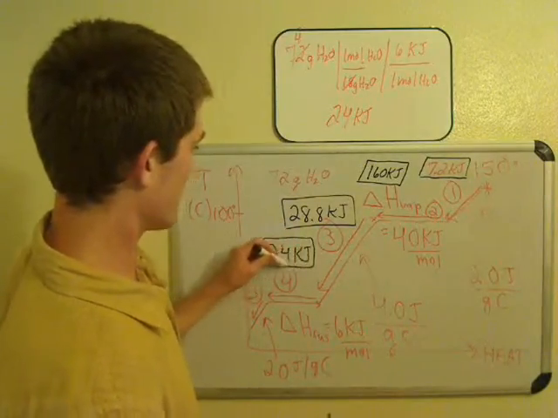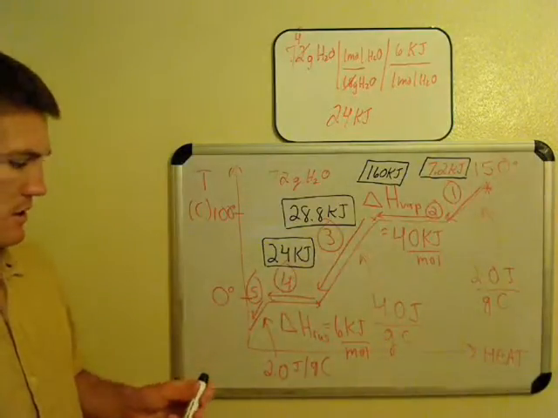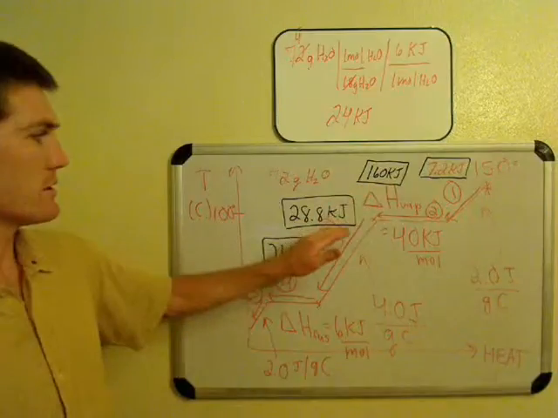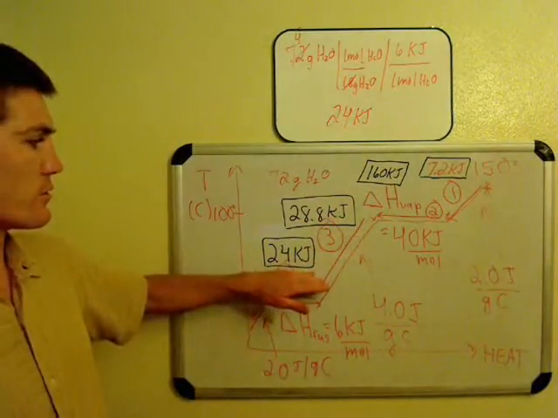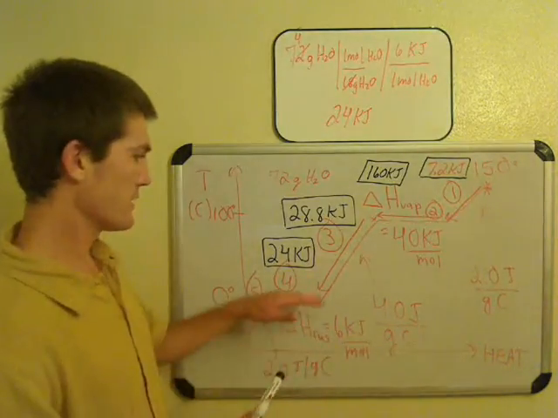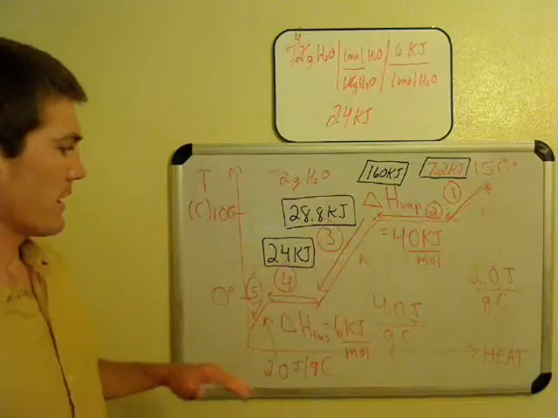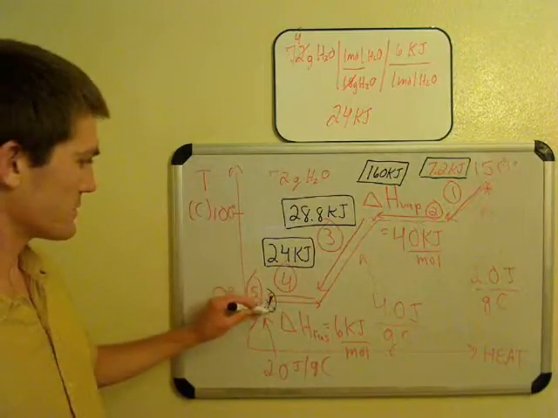Steps 1 through 3 were 196 kilojoules, so 24 more is 220 kilojoules total.